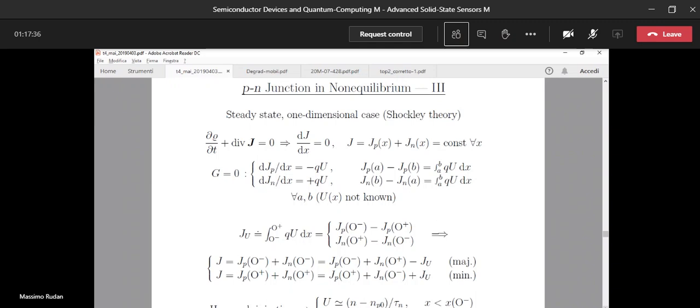Then we shall assume that the junction can still be partitioned into the two neutral regions on the sides and the space charged region in the middle. And all this theory goes under the name of Shockley theory, as you can see here written on top of the page. Shockley is the gentleman who first made these calculations.